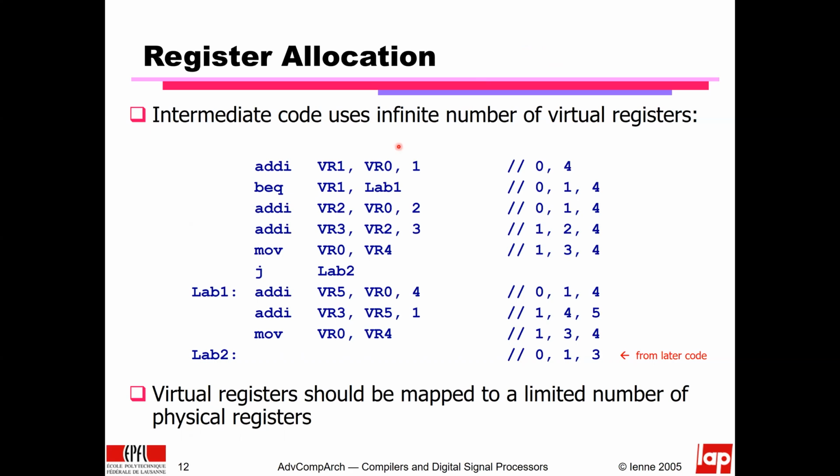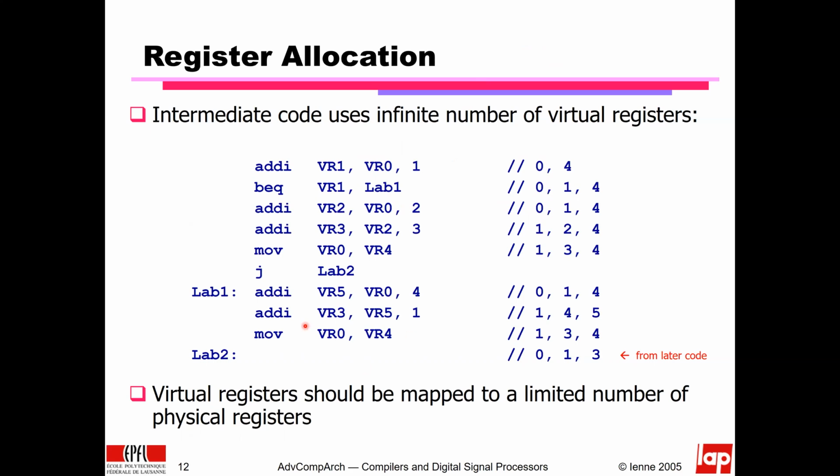If we look at this code and I look at VR0, VR0 is clearly alive here, in the sense that since I'm reading it in this piece of code, I don't know where it comes from, but there is something valuable in VR0. And VR0 is still read here. So again, there is something valuable in virtual register 0 here, here, and here.